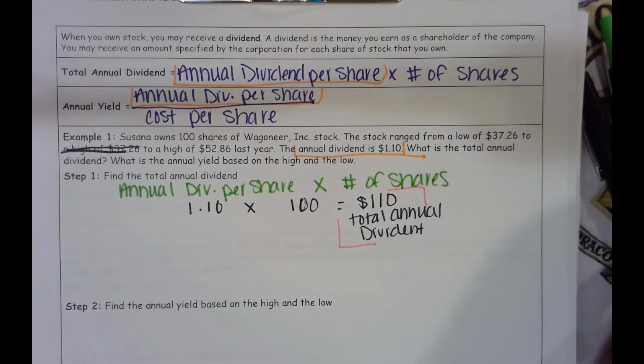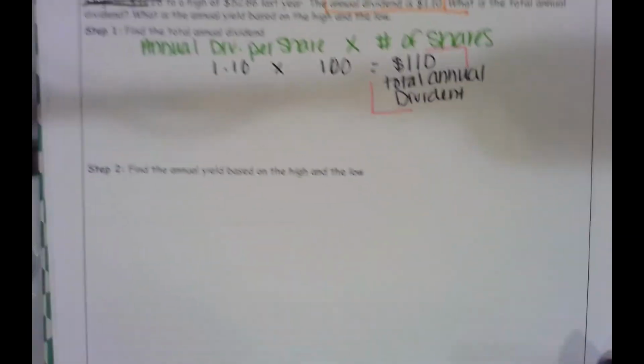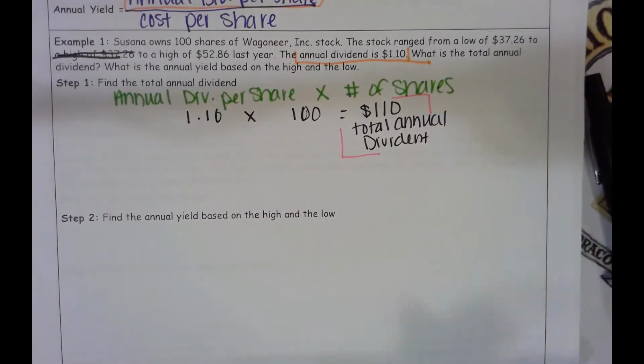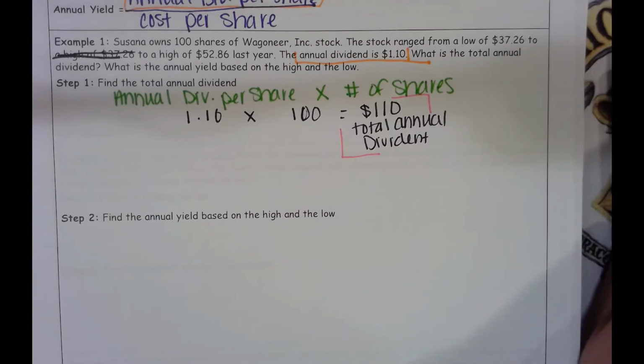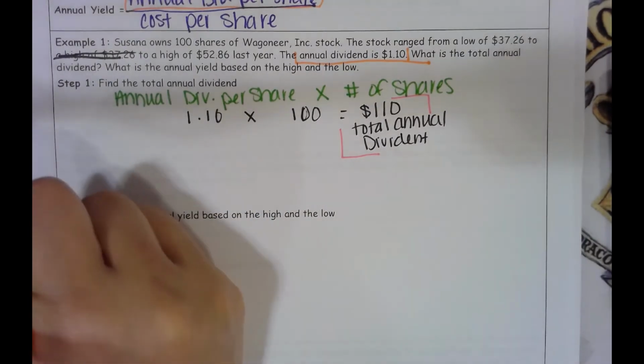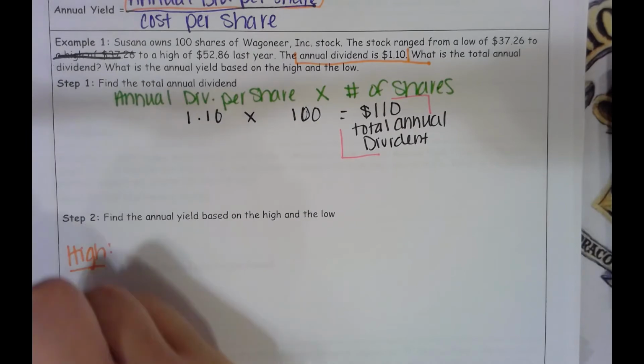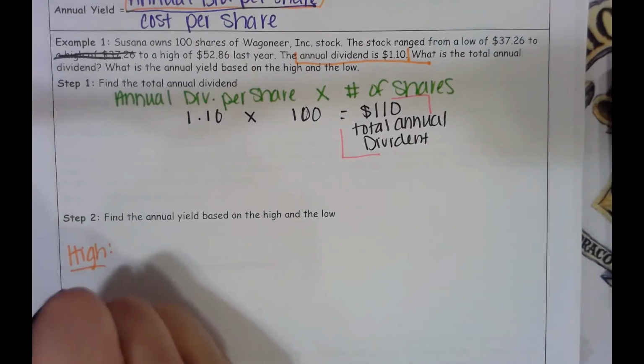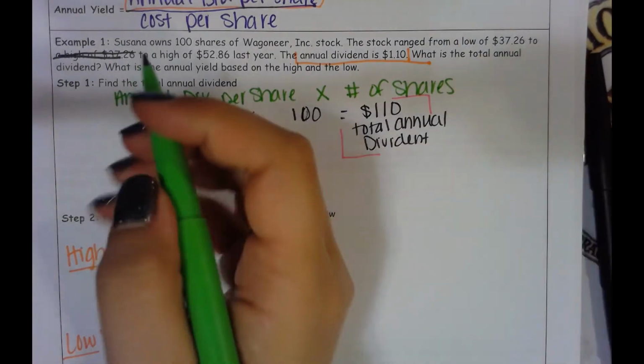And then to find the annual yield based on the high and the low, let's use orange. Alright. Using the high, using the low. It's the same formula for both.